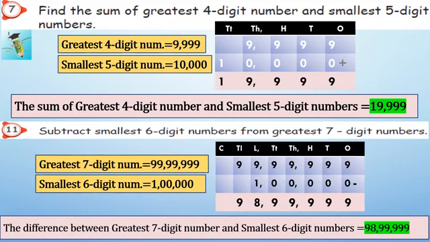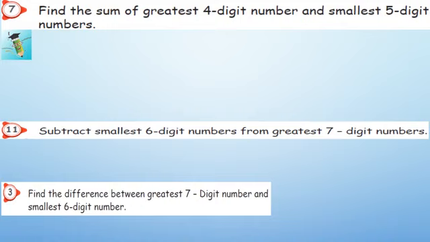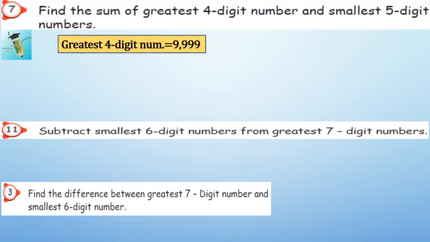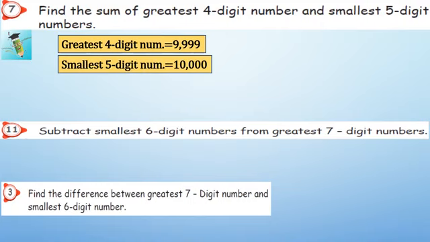In the 11th sum, we have already seen it. When we saw it, I said it would come in exercise 2.3, remember? The same sum. Find the sum of the greatest 4-digit number and smallest 5-digit number. We have already seen this, so I am giving only the answers here. The greatest 4-digit number is 9,999.